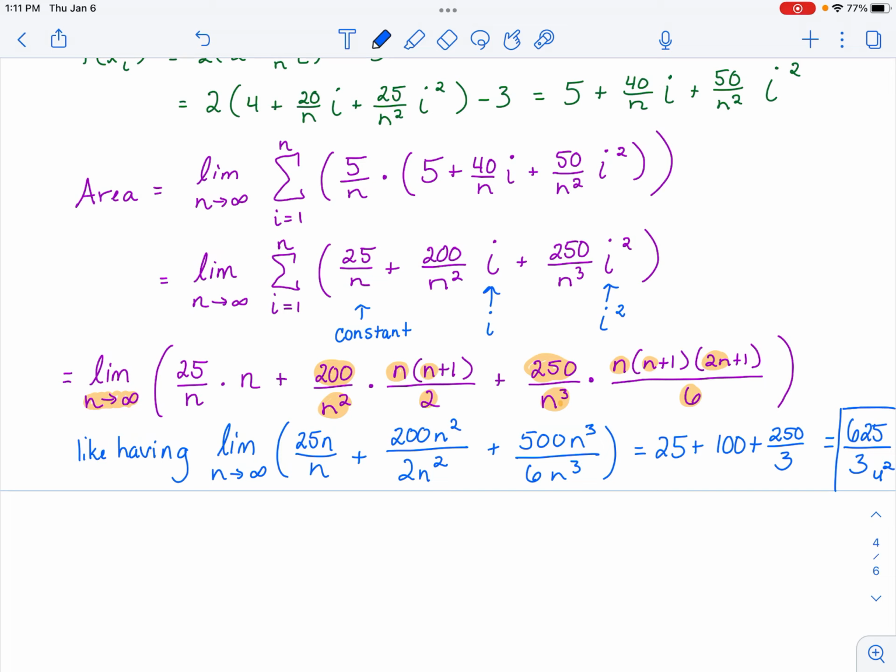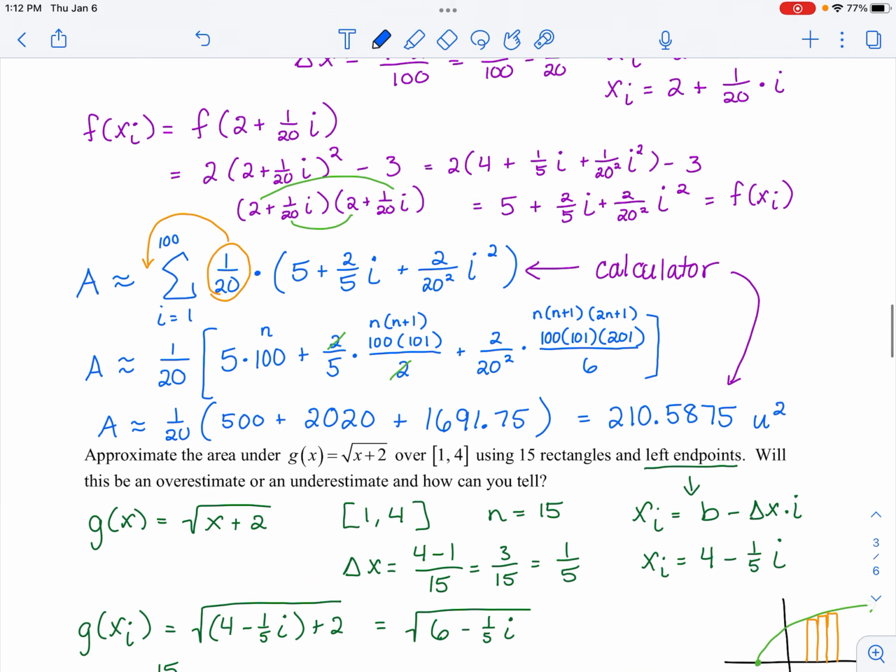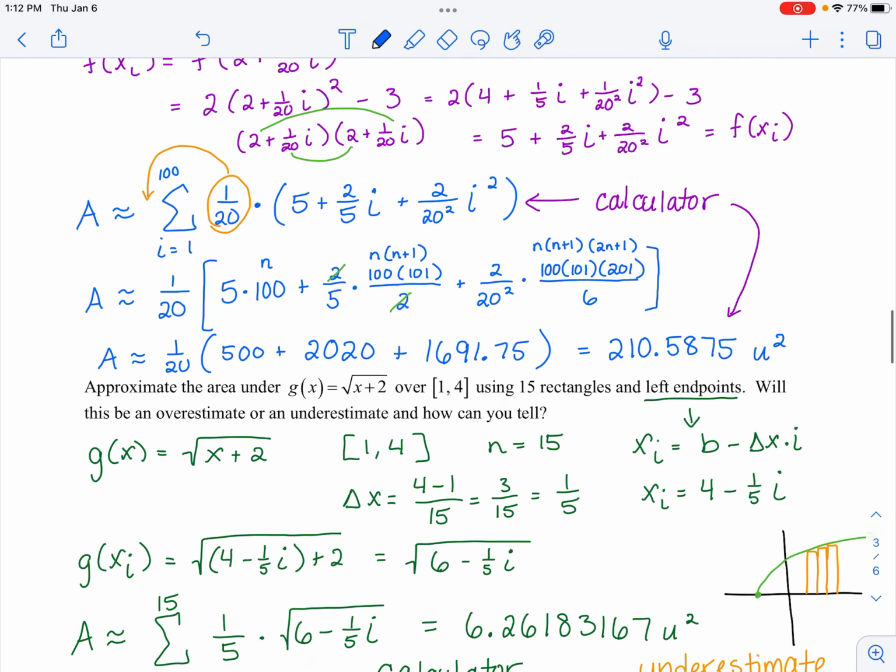And if we go back and look at the answer that we had before, we can see that our approximation was pretty close. All right. Actually, if I scroll back and look real quick, our approximation was 210.5875, and this one I think comes out to 208 and a third. So we were pretty close before, okay?